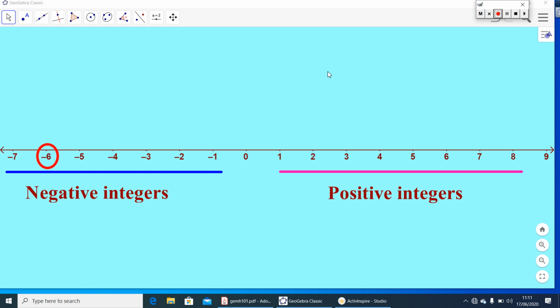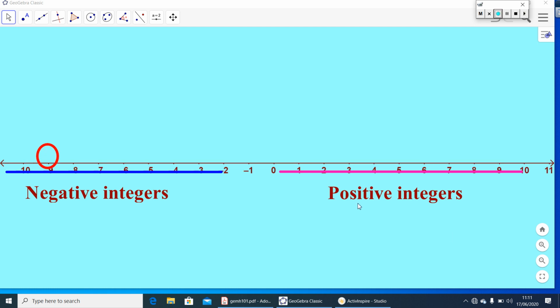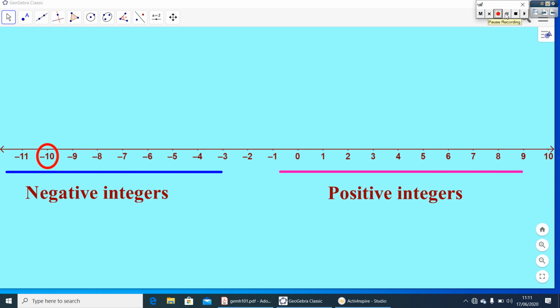It is just 6 units less than 0. Similarly, -10 means, sorry, 10 units less than 0. In this way, we can locate the points on a number line.